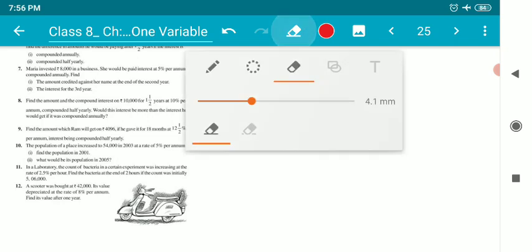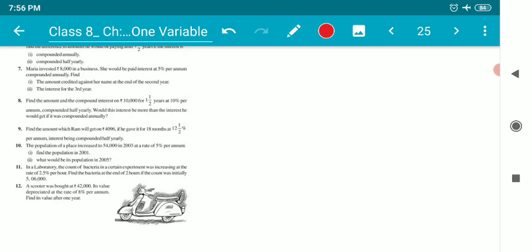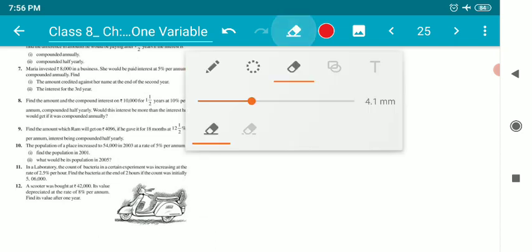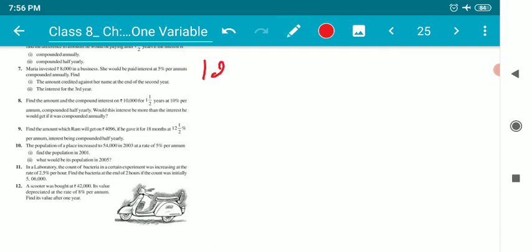What about the next question, children? Let us talk about the next question, question number 12. Let me write number 12 properly. Number 12, a scooter was bought for rupees 42,000. Cost price was 42,000 rupees.